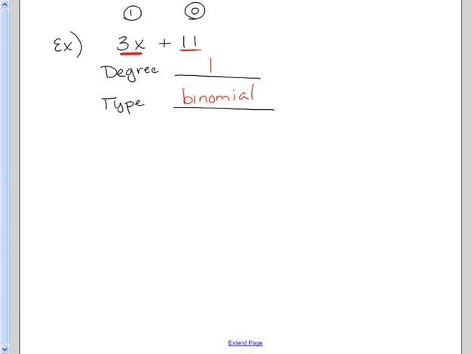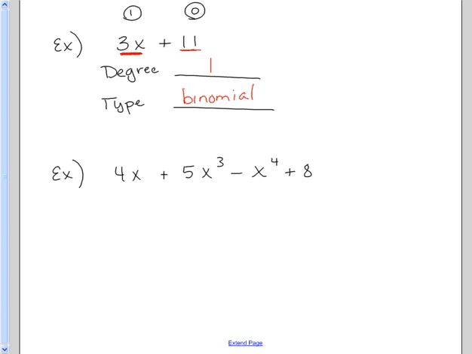So these are the types of problems that you will see on the homework. Let's say if we have 4x plus 5x cubed minus x to the 4th plus 8. Okay, this is not written in descending order. You can rearrange it if you want to, or you can just look at the polynomial.